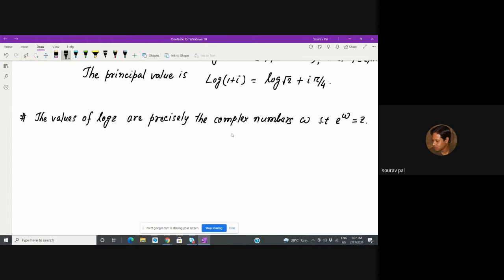So you just look at the statement. The statement tells us what the values of log z are: the values of log z are precisely those complex numbers W such that this equation holds.